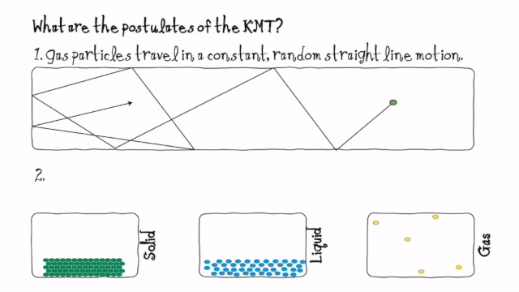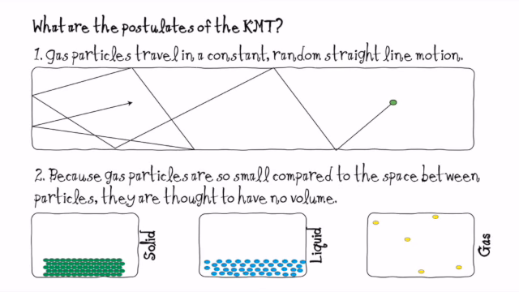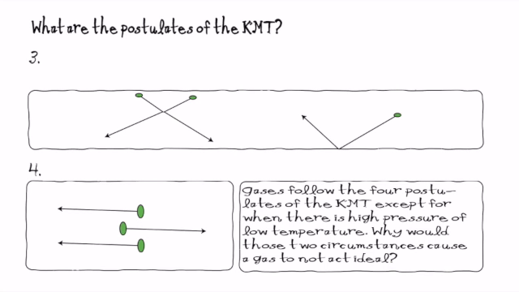1. Gas particles travel in a constant, random, straight-line motion. 2. Because gas particles are so small compared to the space between particles, they are thought to have no volume. 3.